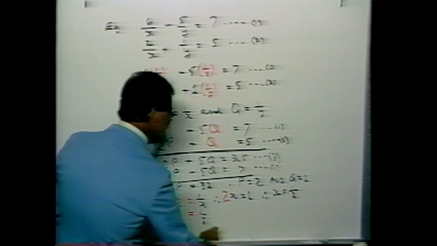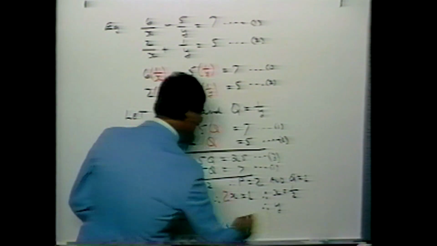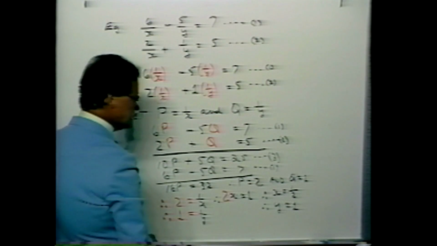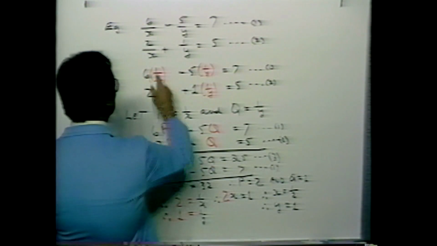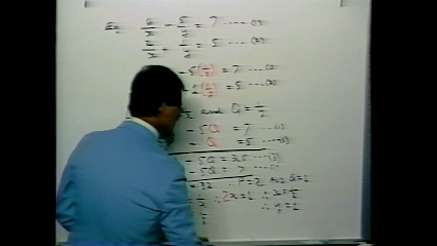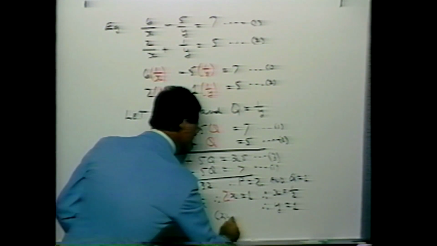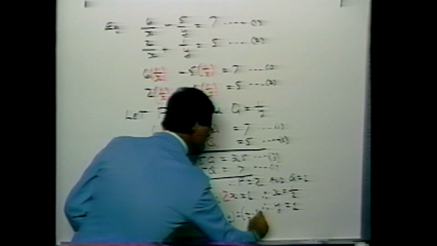Well, this one's easy, obviously, therefore y is equal to 1. So the solution to the nonlinear system is that x, y is equal to 1/2, 1.